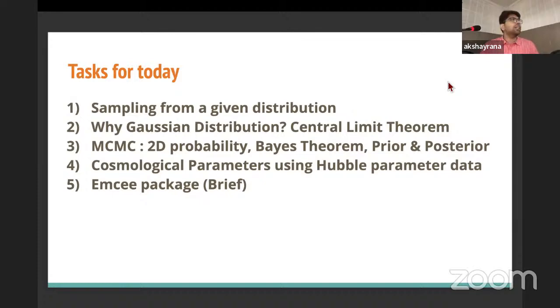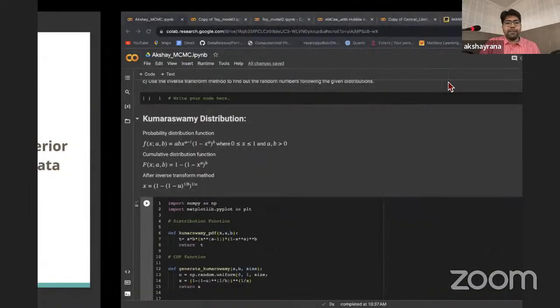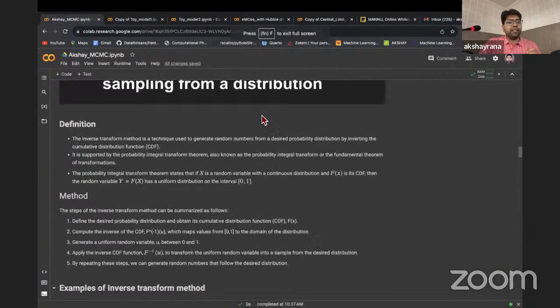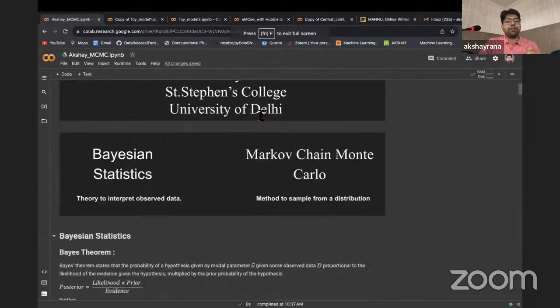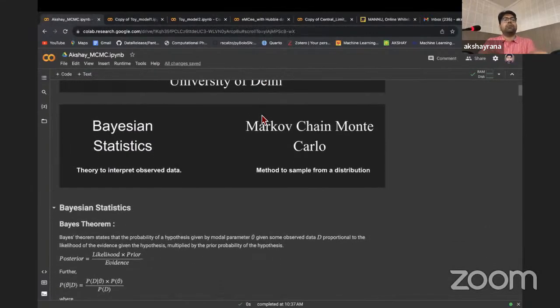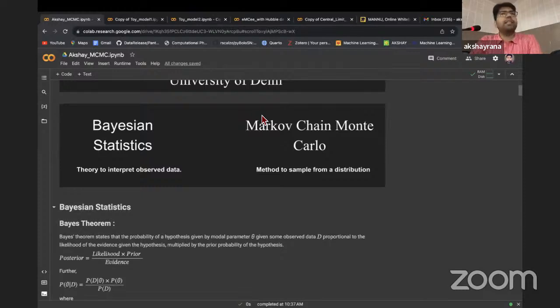Okay, so let me just start with a method. If you remember, yesterday we were discussing two things. I pointed out that when we work with any data and model, there is obviously going to be one part where we talk about Bayesian statistics, meaning how we treat our probability distribution function and how it is going to behave.